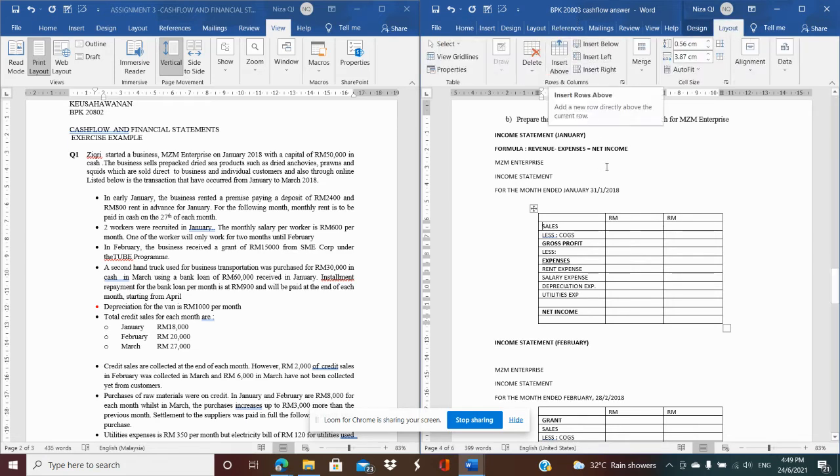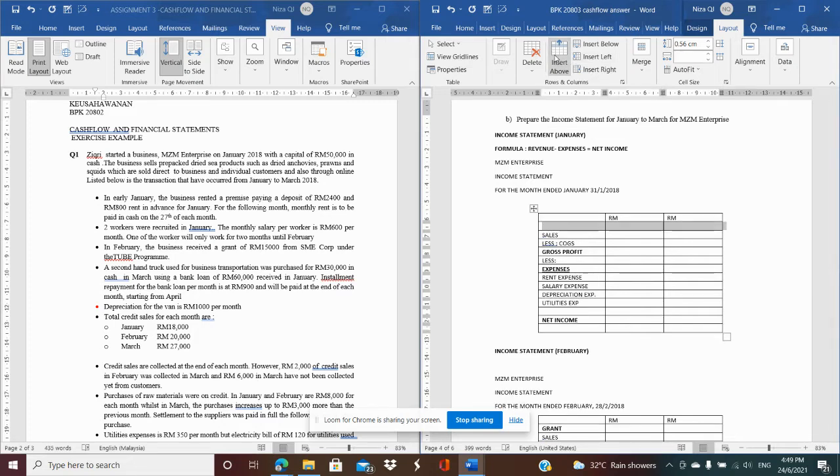So what does this mean? Sometimes the company has other income apart from its operating income. Usually operating income comes from the activities of the company. For instance, if it's retailing, the main operation is retailing, so that is the operating income.